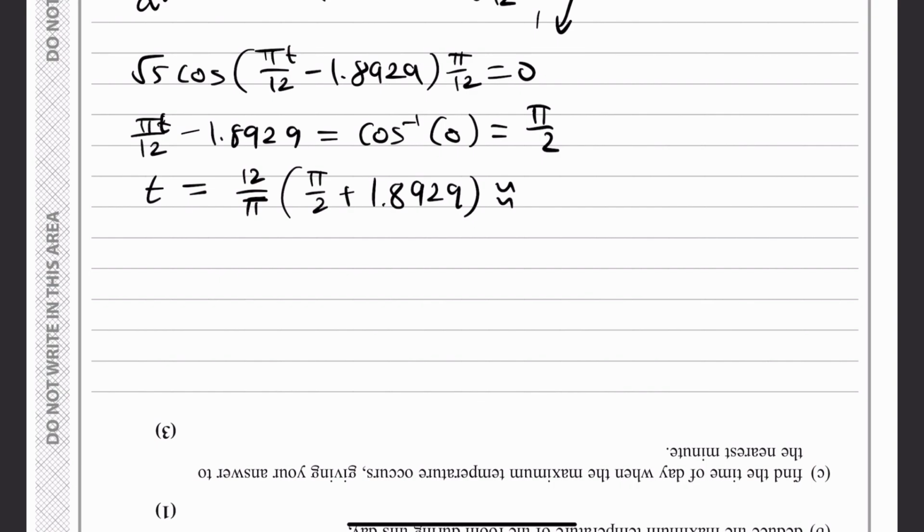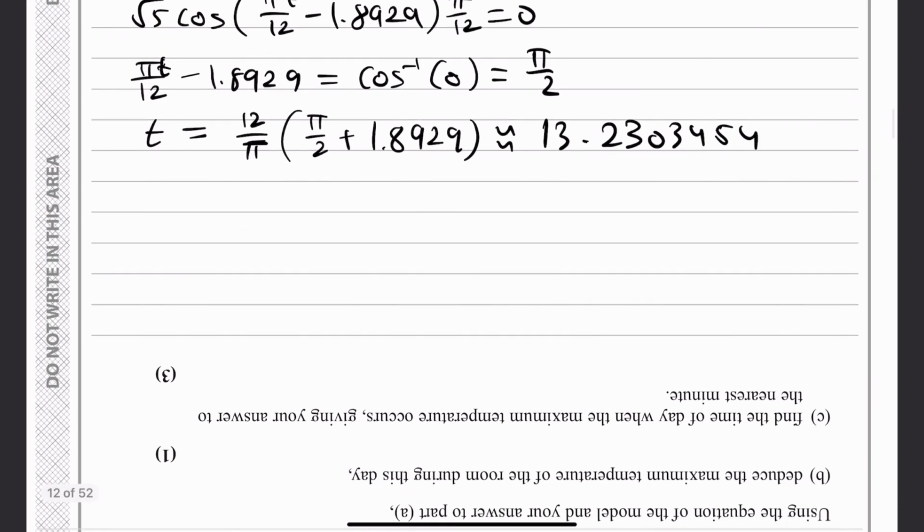So that's just going to be equal to, typing this into my calculator, pi over 2 plus 1.8929, which is 13.230343. So that's the number of hours, and that's the number of hours after midnight.